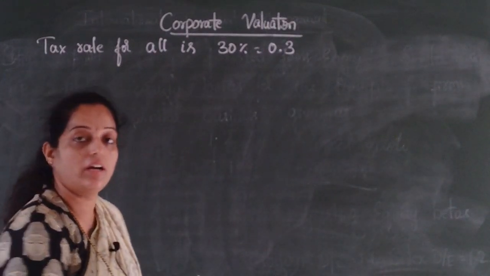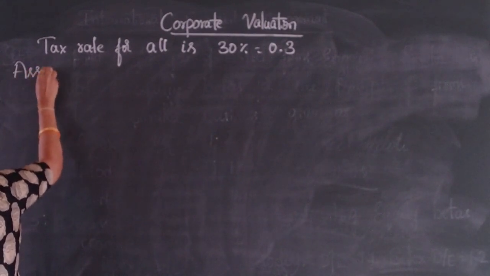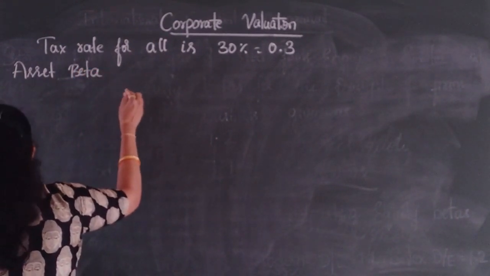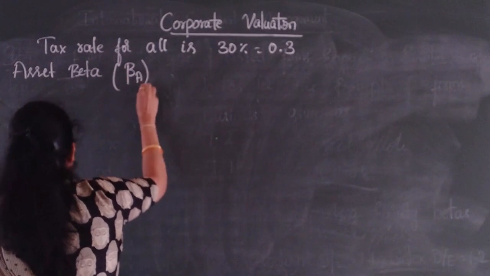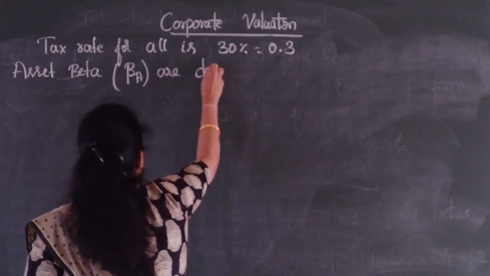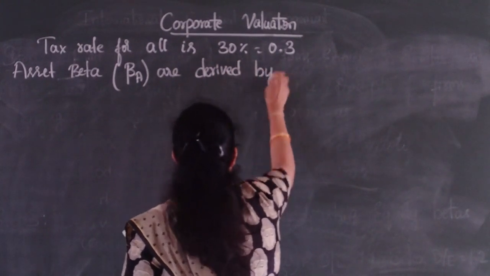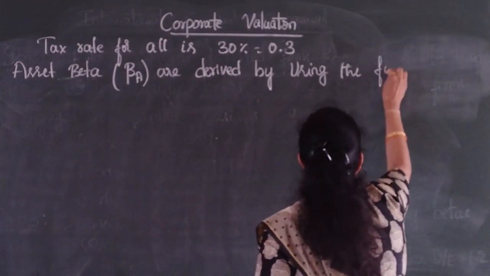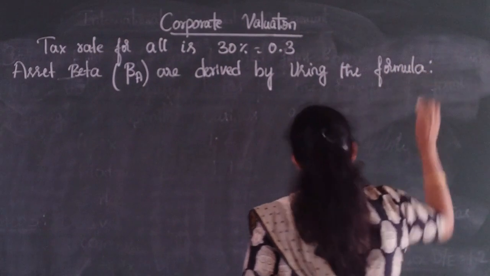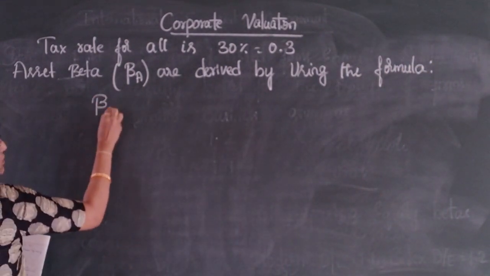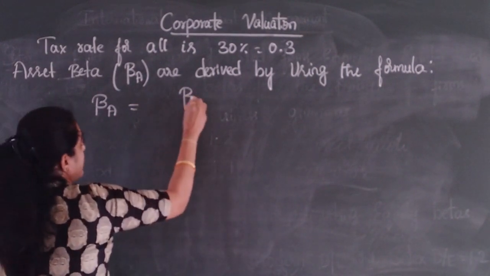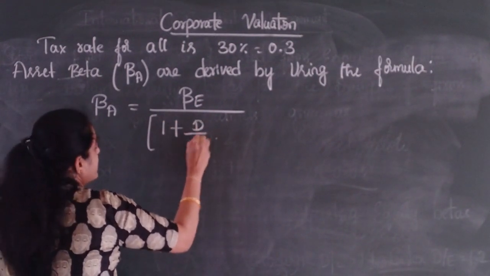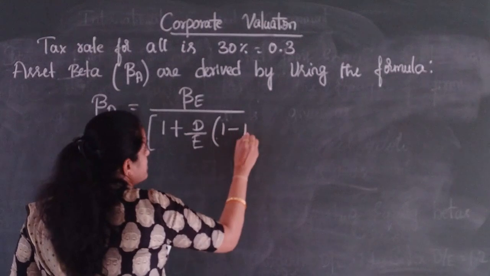The asset beta, beta A, is derived by using the formula: beta A is equal to beta E divided by 1 plus D by E into 1 minus tax rate.